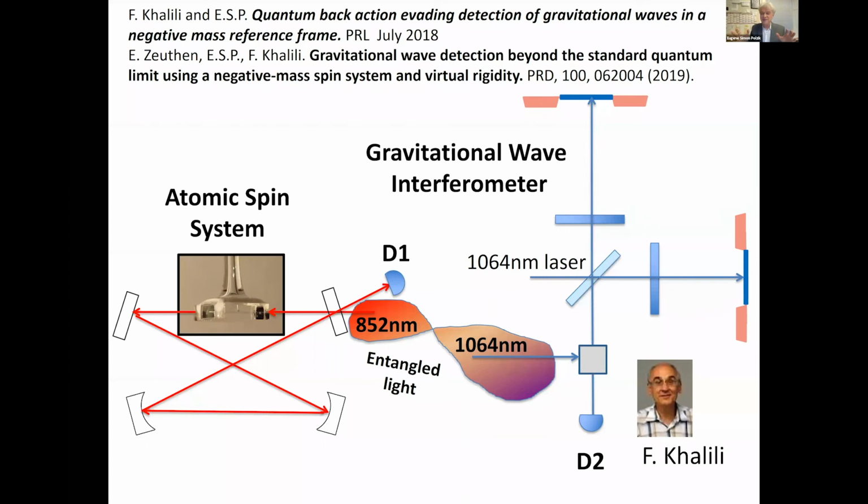Because then the quantum fluctuations of those two beams of light will be entangled, and it will be as if we're measuring with one beam of light on the two systems. And then we will take the signal from this detector, combine it with the gravitational wave interferometer signal, and hopefully suppress the back action of measurement.